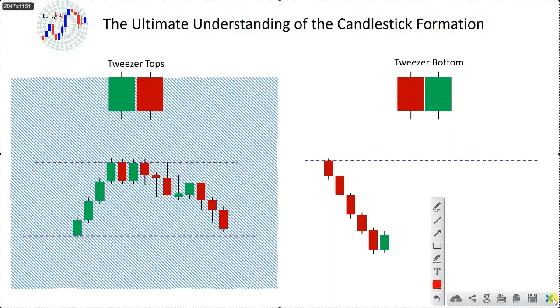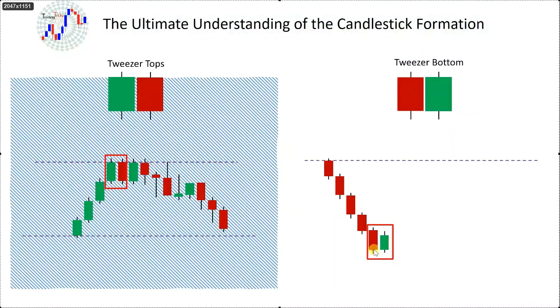And between this tweezer tops and tweezer bottoms, there is a little difference. Can you identify this difference? We can see both candle lengths are the same, rejection is also almost the same, but here this is a red candle closing price, and this is a green candle opening price.